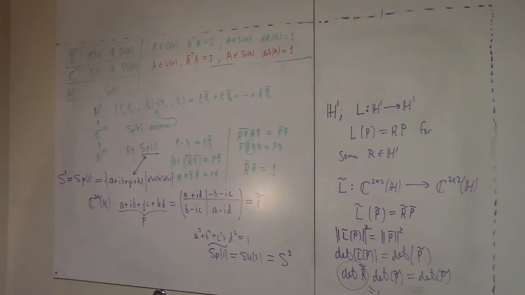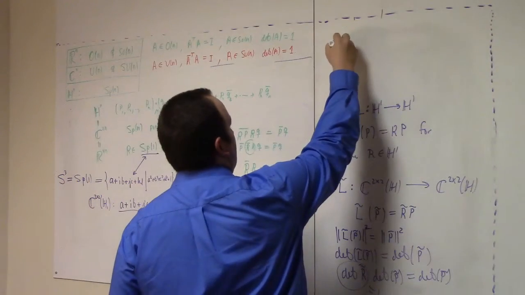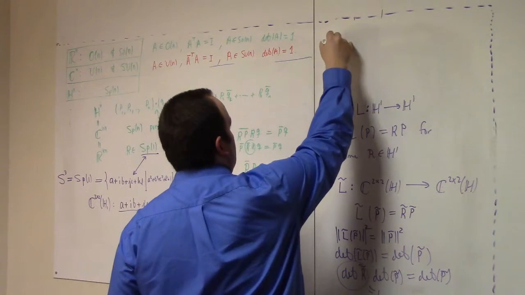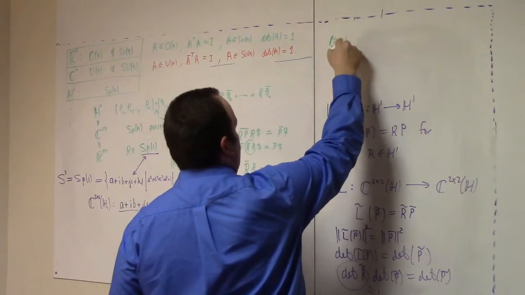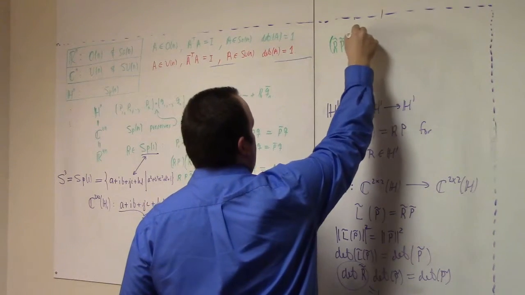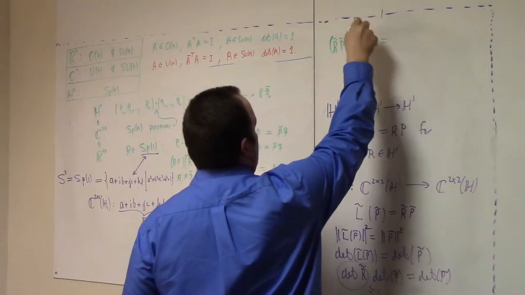So it should be something like R tilde P tilde times R tilde Q tilde conjugate, but this should be the quaternion conjugate.